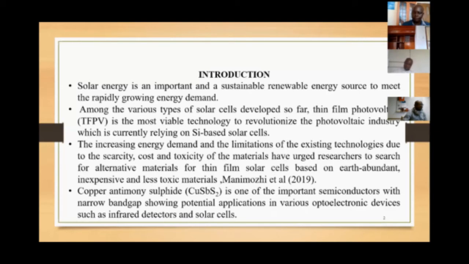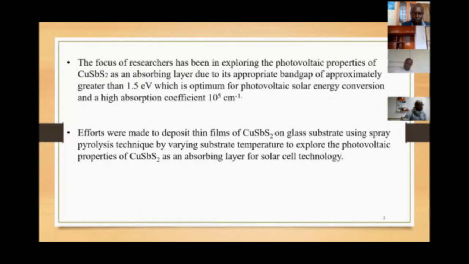So the focus is to look for a good absorbing material with a suitable band gap. Copper antimony sulfide has a band gap of 1.5 electronvolts and also has high absorption coefficients.